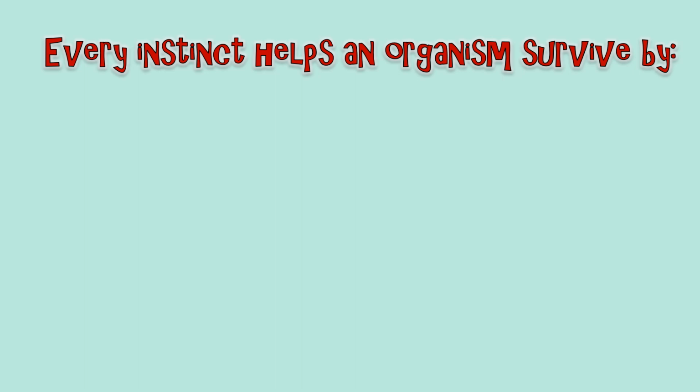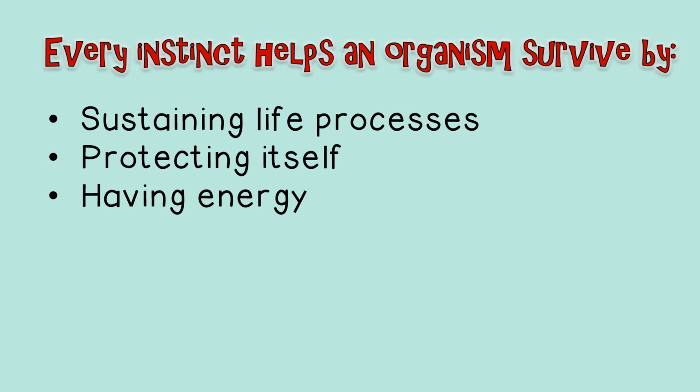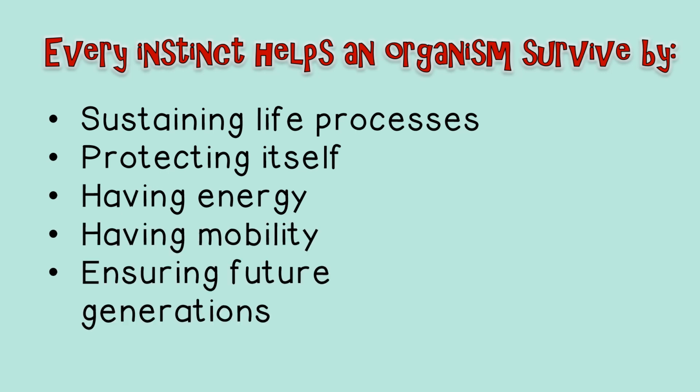Every instinct helps each and every organism survive, and each of them has its own different purpose. But most of the time it's for sustaining life, protecting itself, having energy, mobility, and generally to make sure that they're able to reproduce and survive in the future.